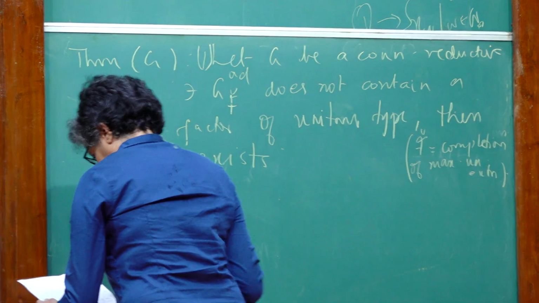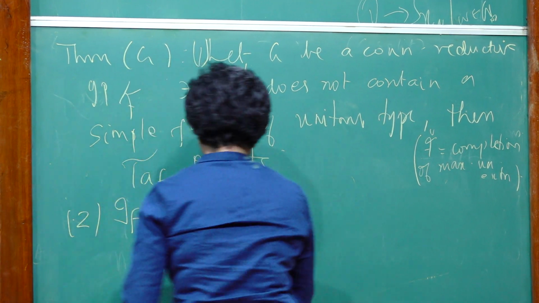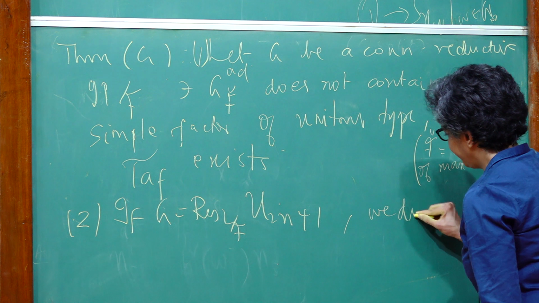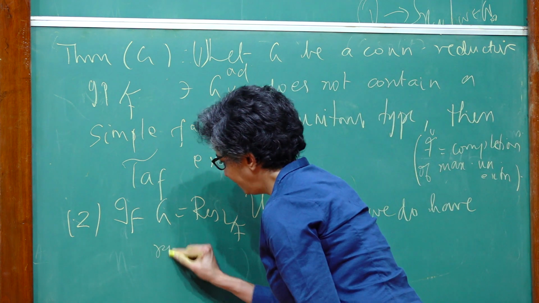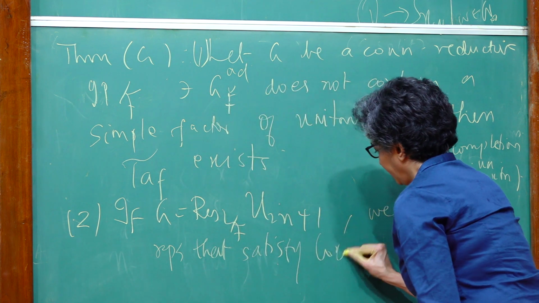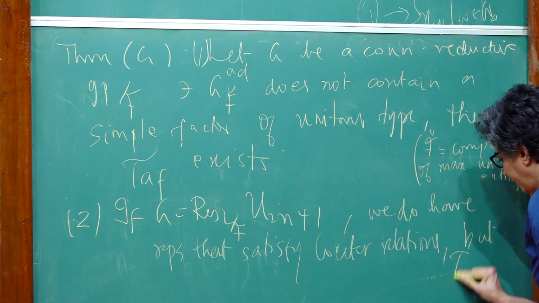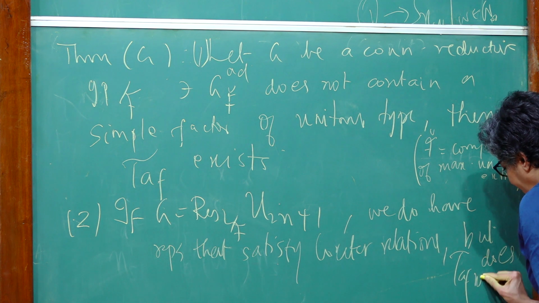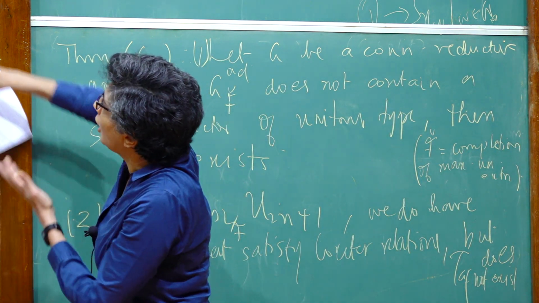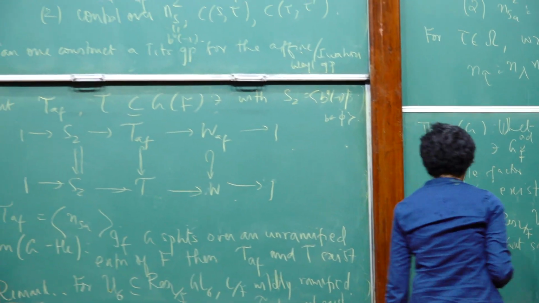Part 2. If G is, say, restriction L over F, restriction of scalars of an odd unitary group, we do have representatives that satisfy Coxeter relations but the affine Tits group does not exist in general, meaning when you place this restriction about how the square of this element is of this form, this doesn't hold for odd unitary groups.